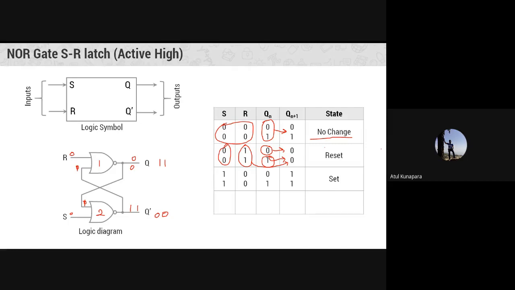Suppose you are storing some data to your pen drive. At that time, you are making changes to the data stored in it, so you are giving either set or reset input. But when you are taking out your pen drive, it is not connected anywhere. At that time, you can say your R and S both are going to be 0 0. So there will be no change in the data output. So it will be stored. Whatever data that is given, it will be kept as it is. Okay.